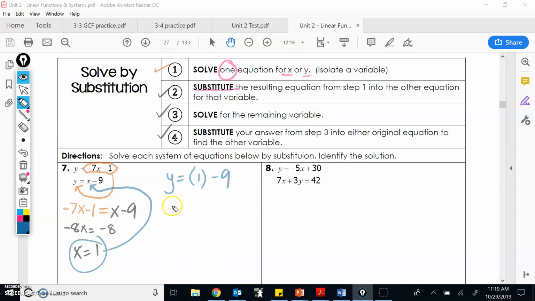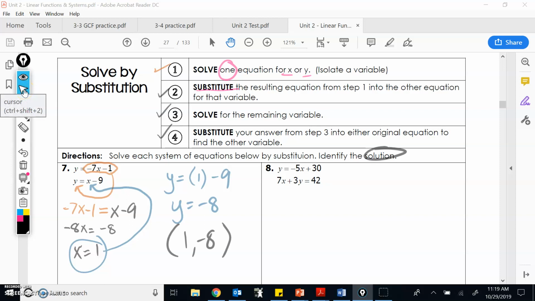And you get y equals 1 minus 9, y equals -8. And remember, you always write your solution as an ordered pair, x comma y. So this system was crossing at one point, 1 comma -8.